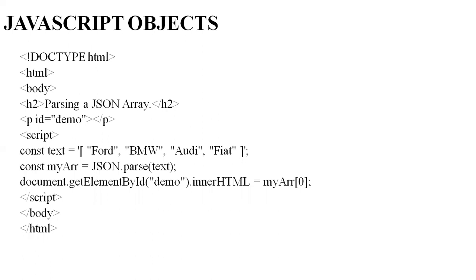Another example: DOCTYPE html, html body tag, h2 parsing a JSON array. Then the paragraph tag; here we are using the array with the help of JSON.